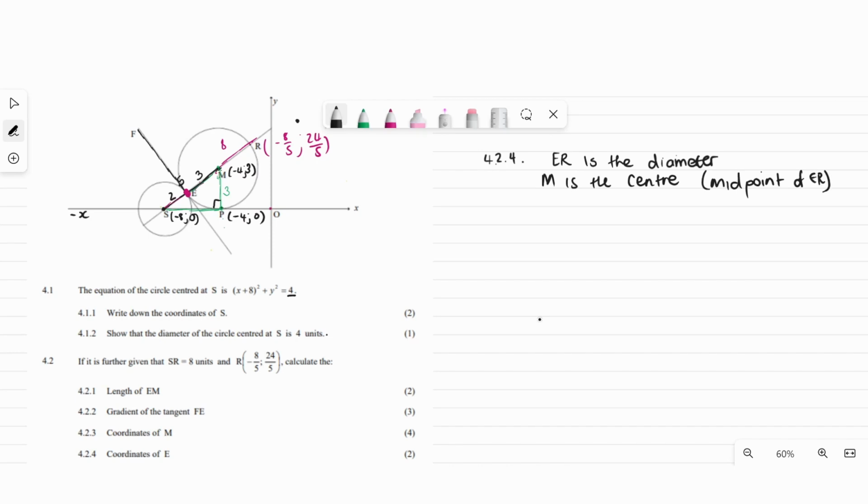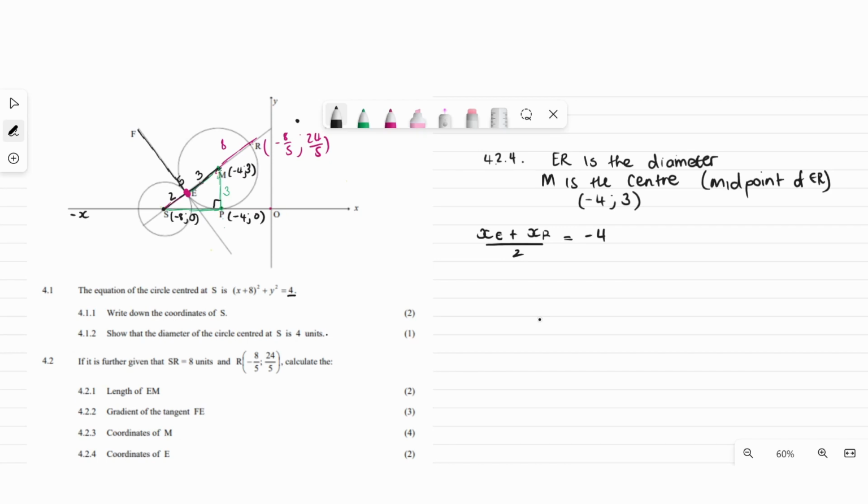Since we have the midpoint of ER and we have R, we can use the midpoint formula to find the coordinate E. The center point or the midpoint, we calculated it to be negative 4 and 3, right? So the formula of the midpoint is going to be XE plus XR divided by 2 is equal to the x value at the center, which is negative 4.